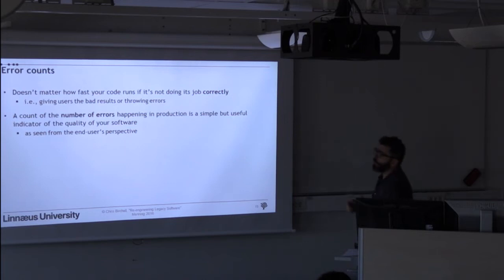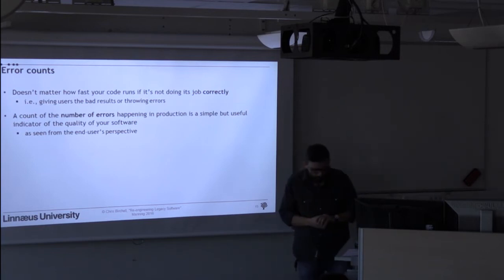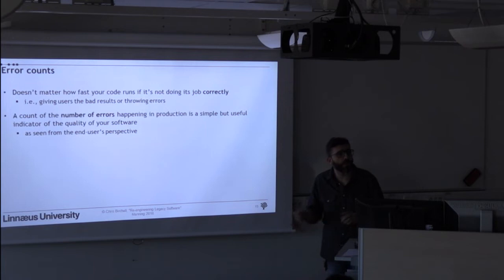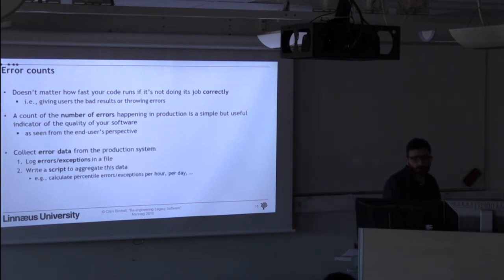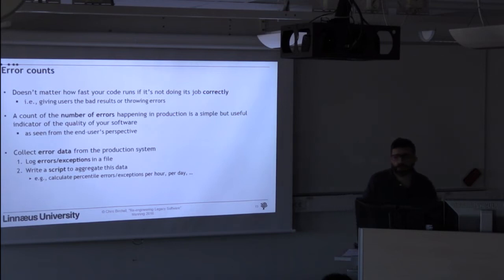Then you can count the number of errors, for example by catching exceptions within your code. Whenever you catch an exception, we can log it within a file, and then, as done before, you can write a script to aggregate the data within the file and calculate aggregated figures.